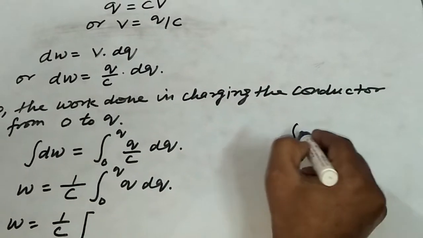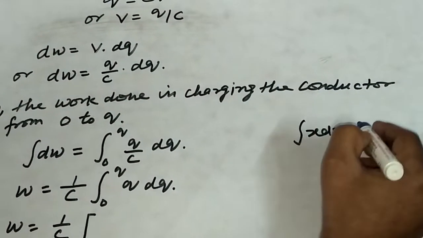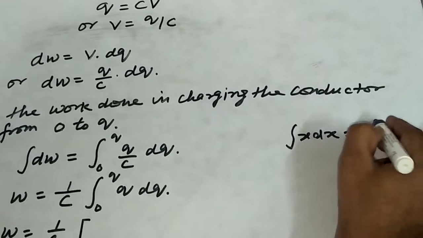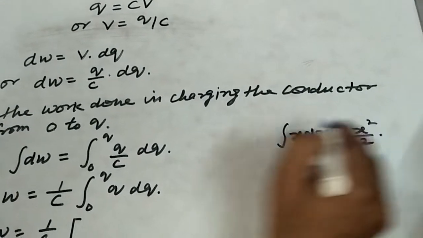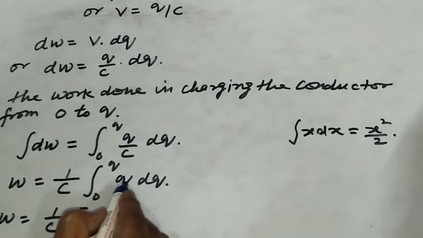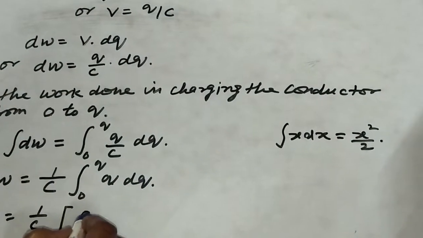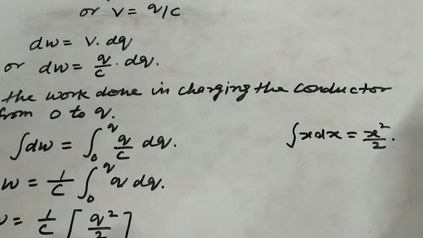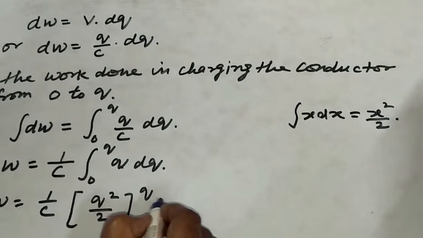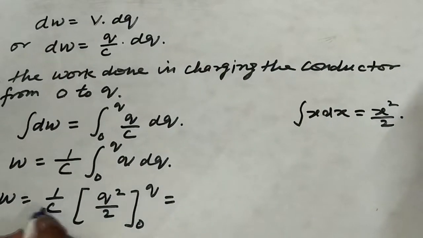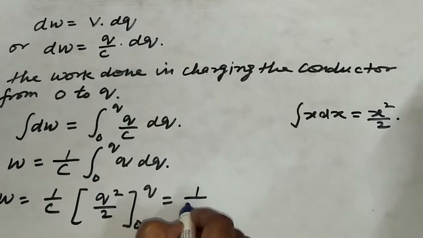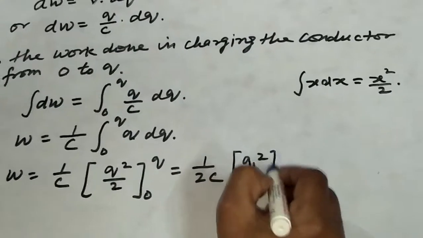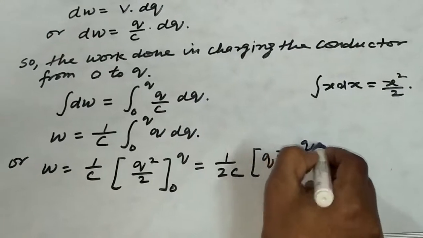Like integration of x dx, which I have already discussed, is equal to x square by 2. In the same way, integration of Q dq is equal to Q square by 2, and here the limit is 0 to Q. Now take this 2 outside, so you can write 1 upon 2C, and here Q square with limit 0 to Q.